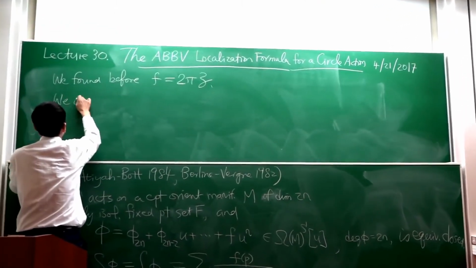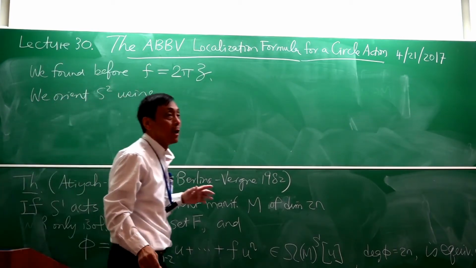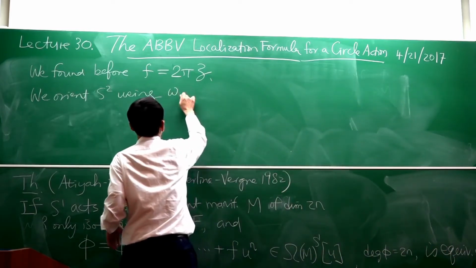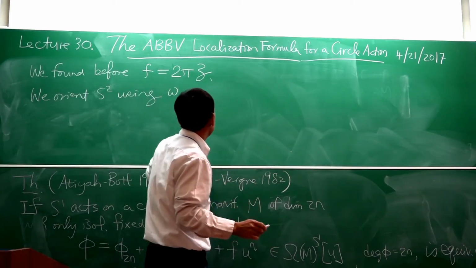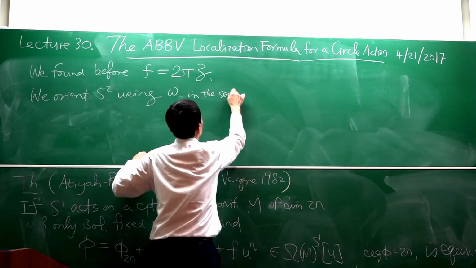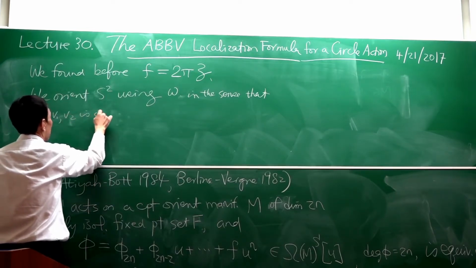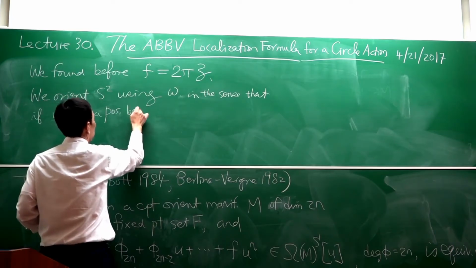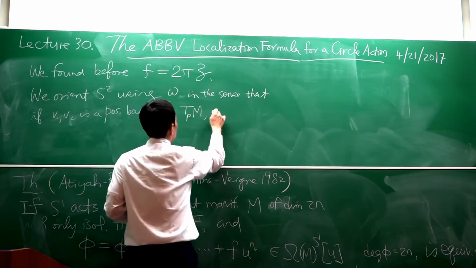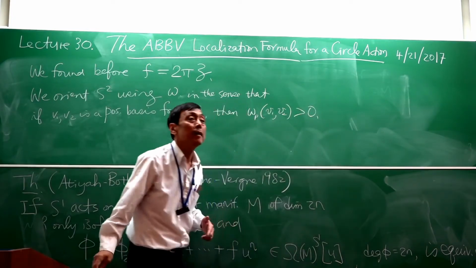Now we orient S2 using omega. You can orient a sphere using the volume form, in the sense that if v1, v2 is a positive basis, if it gives you the orientation for the tangent space, then omega evaluated at v1, v2 should be positive.